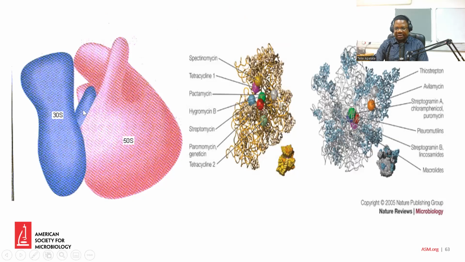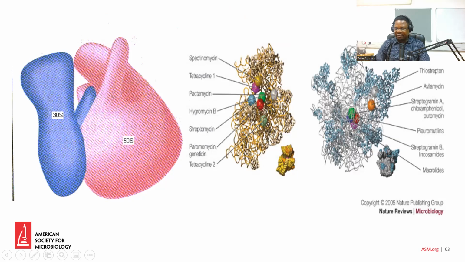Here we can see the bacterial ribosome with its 2 subunits, the 30S subunit and the 50S subunit. We can see the inhibitors of protein synthesis that target specific subunits.